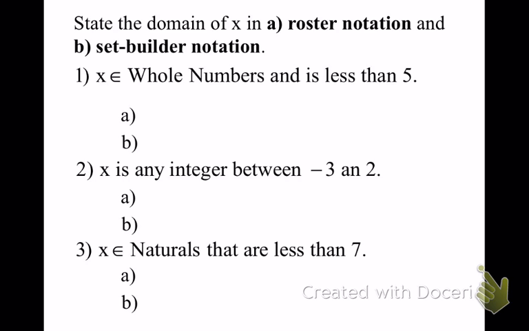Okay, so let me tell you what this means. This little weird looking E is an element of or a member of. That means is a member of. So if they give you X is an element of the whole numbers and is less than 5, then for A, how am I going to list this in roster notation? How are we listing that in roster notation?